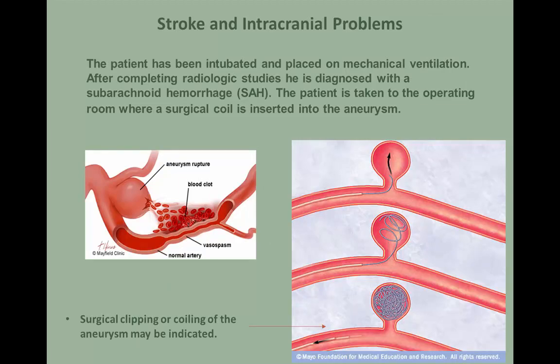Let's go back to our last subject that we were talking about and talk about some more specific nursing interventions and things that might be used to help or treat a patient who has an intracranial hemorrhage.